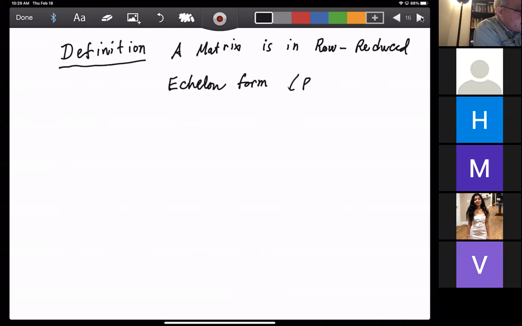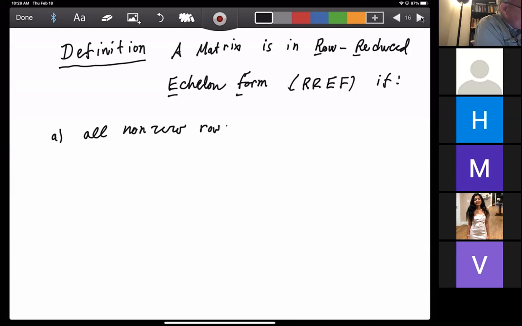Okay, and we abbreviate this RREF for row reduced echelon form. Okay, A: all non-zero rows are above any 0 row.